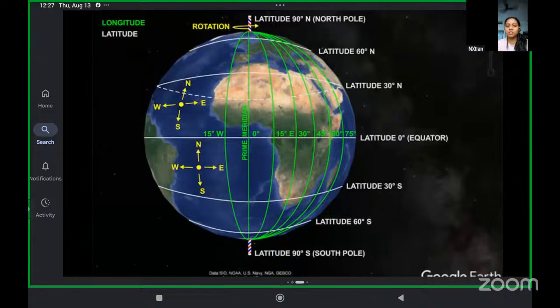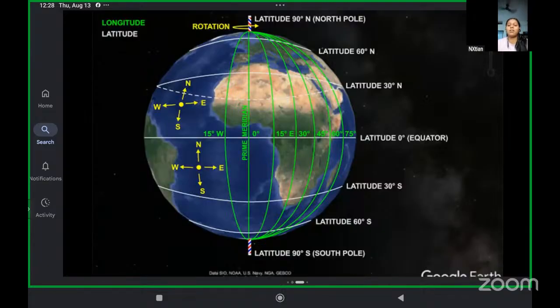We also have the Earth divided into zones. The topmost zones are called frigid zones. Have you all studied this? We have tropical zones and temperate zones.